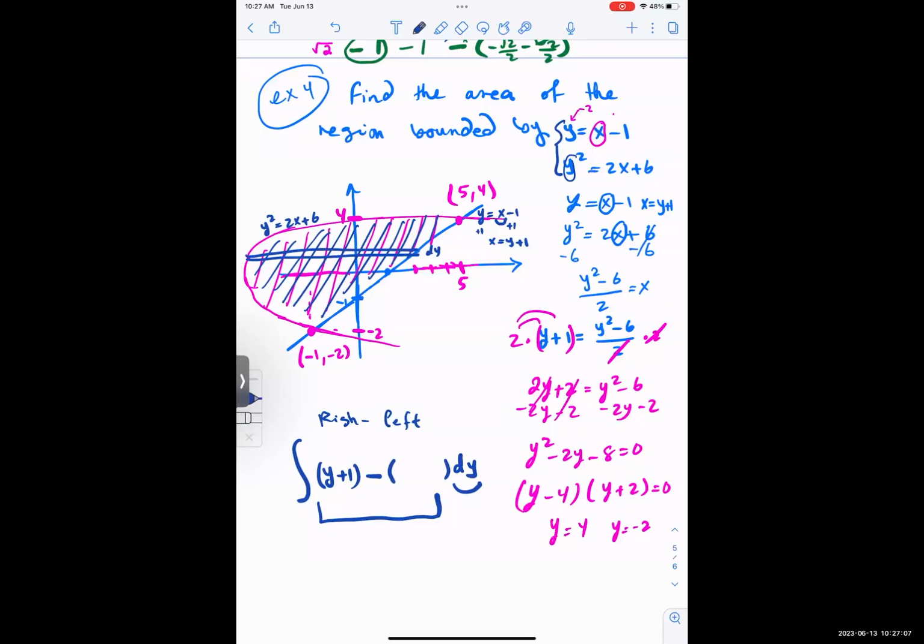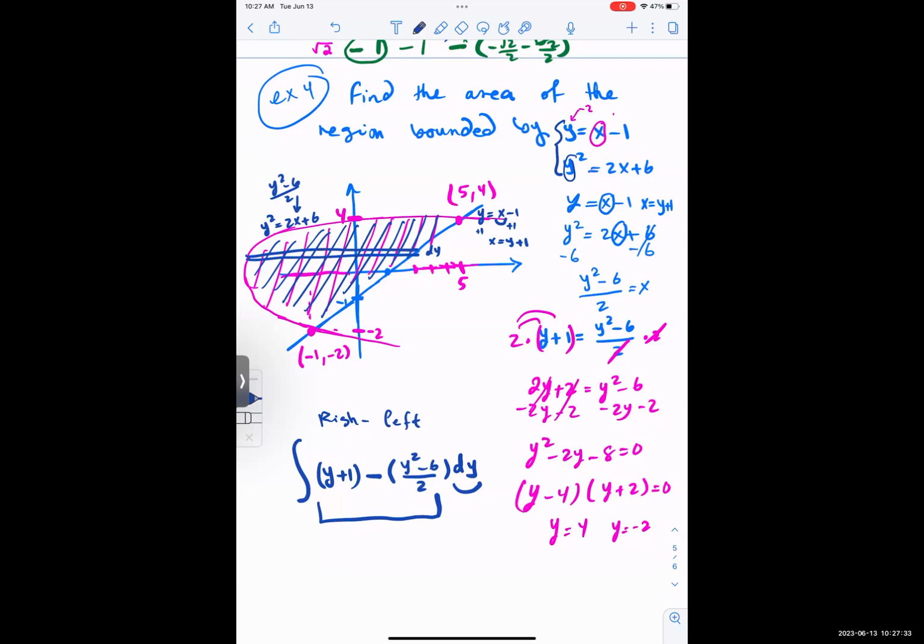Now I need to isolate x on the left to be in terms of y. So that would be y squared minus 6 divided by 2. So then I have y squared minus 6 divided by 2.